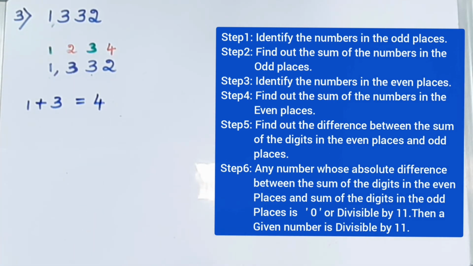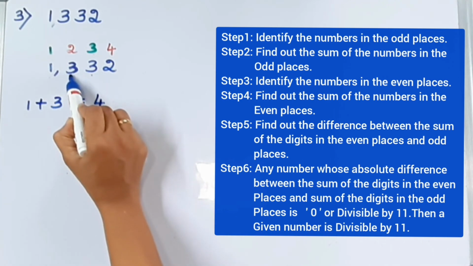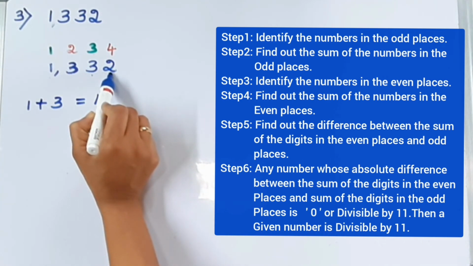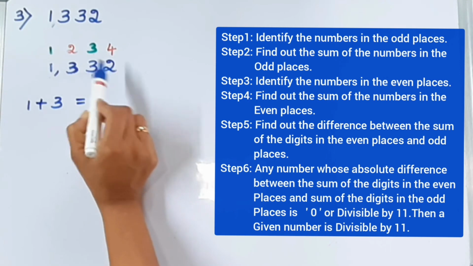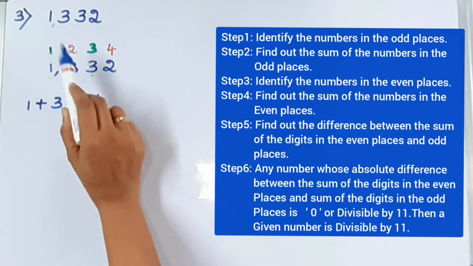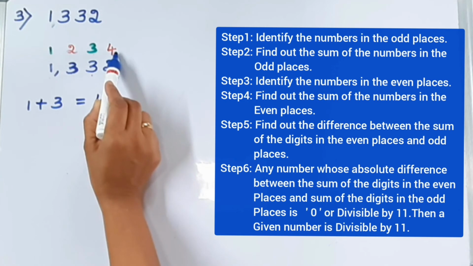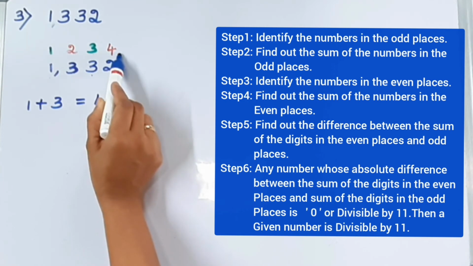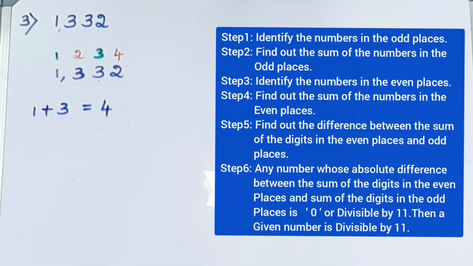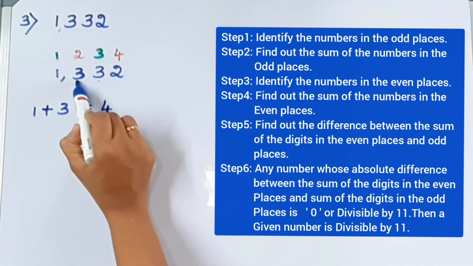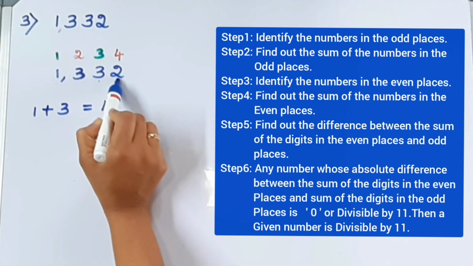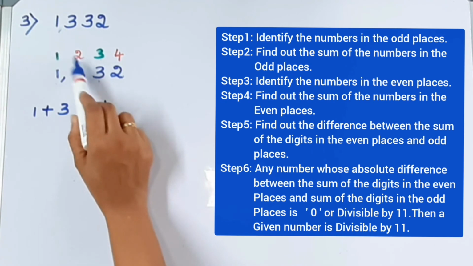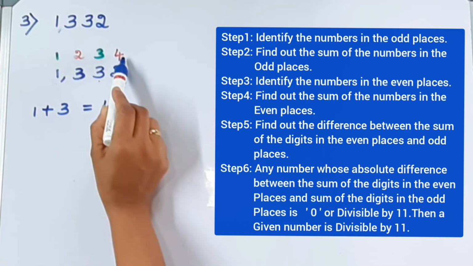Now let's identify the numbers in the even places. This 3 and 2 are in the even places because this 3 is in the second place and this 2 is in the fourth place.